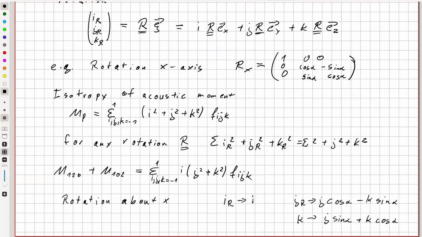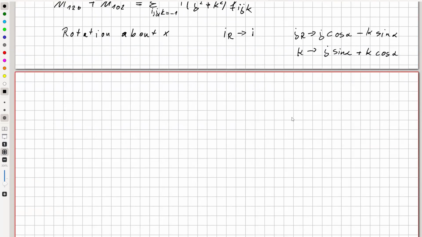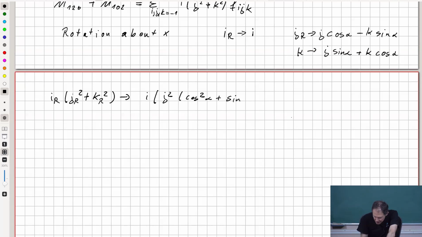Meaning that j_r square plus k_r square, the rotated ones, are now getting replaced by the square of this: j square cosine square alpha plus sine square alpha, plus k square sine square alpha plus cosine square alpha.